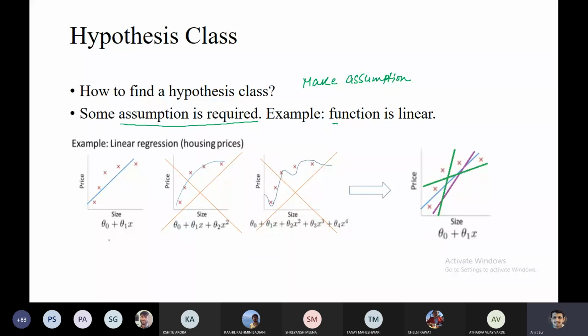This is one assumption. Let's say it is linear or logistic regression, and the corresponding function is linear. So these are not our hypothesis functions. These are non-linear functions, and this is the linear function. These are different functions. And how do we get the best function?